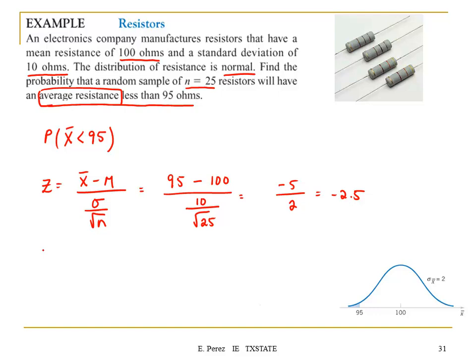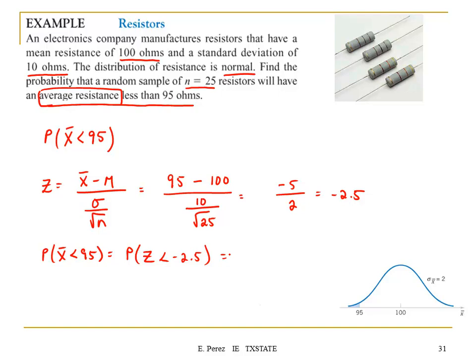In other words, the probability of x bar being less than 95 is equal to the probability of z being less than negative 2.5. If you still have your tables, you can find that probability from the standard normal table.